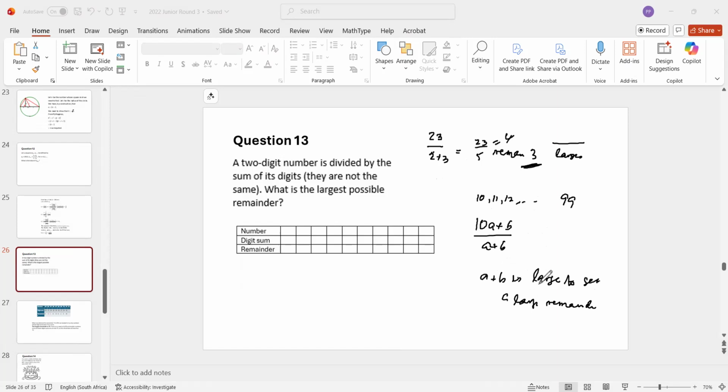The remainder is always smaller than the denominator. Okay, so let's start from 99.